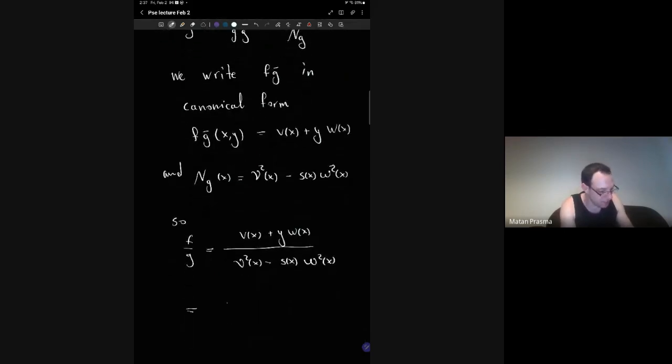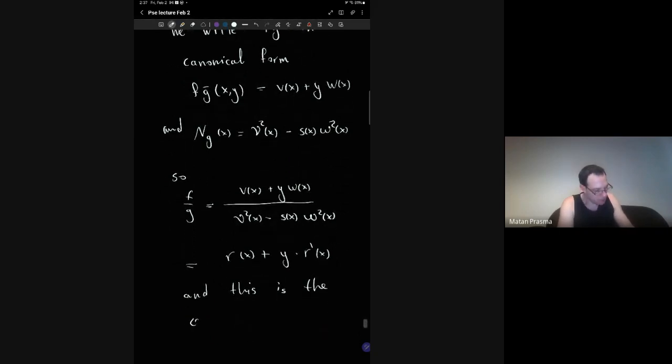And this is simply some rational function in x plus y times some other rational function in x. Okay, so this is in the canonical form of R.